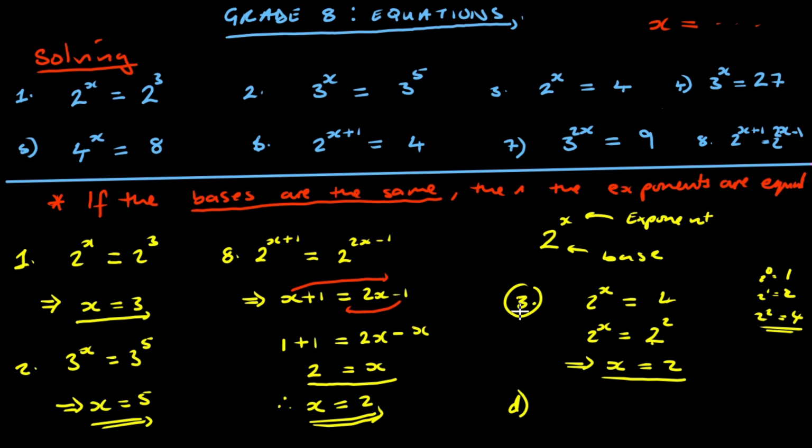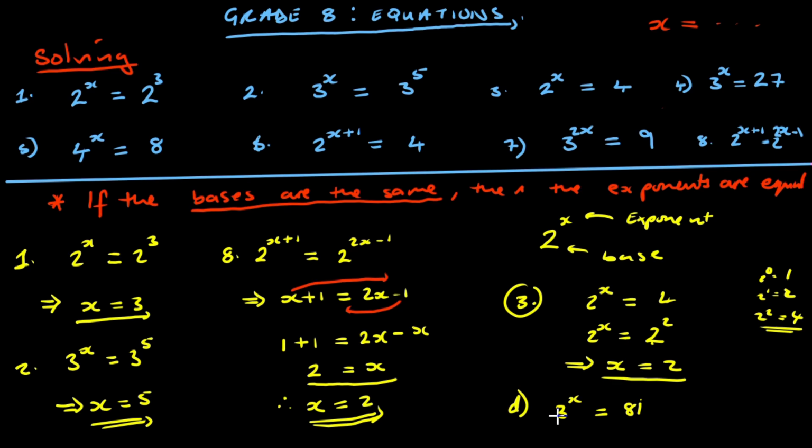Let's say we are given 3 to the power x is equal to 81. Are the bases the same? No, they are not. So what am I going to do?